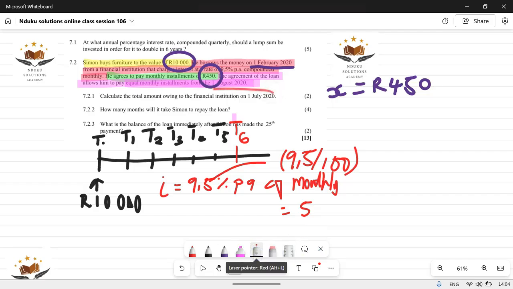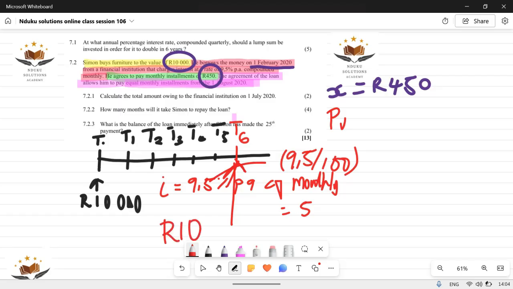When you start paying, you'll actually be owing the bank 10,402.50. That's the amount you owe as soon as you start paying that 450 that month.